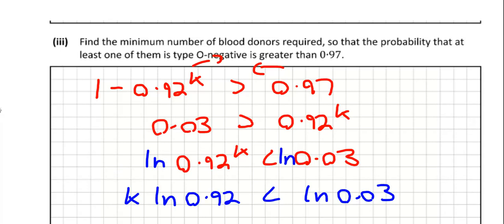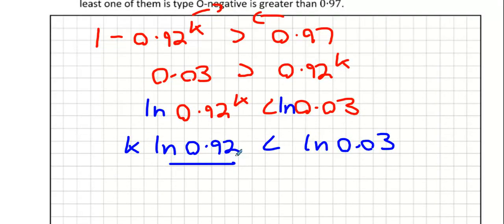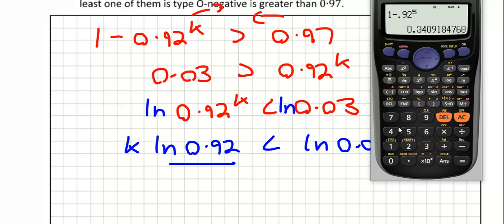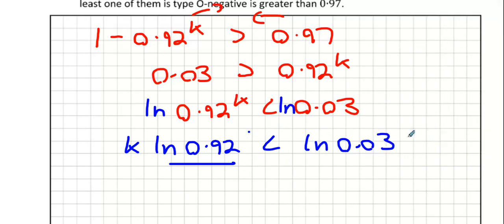Now you have to be careful of ln 0.92 because it's a negative number. So when you multiply or divide both sides by a negative number, you've got to reverse the sign. So I'm dividing both sides by ln 0.92, and that means I have to reverse the sign.